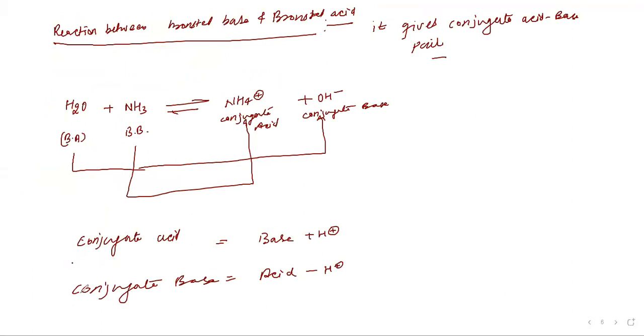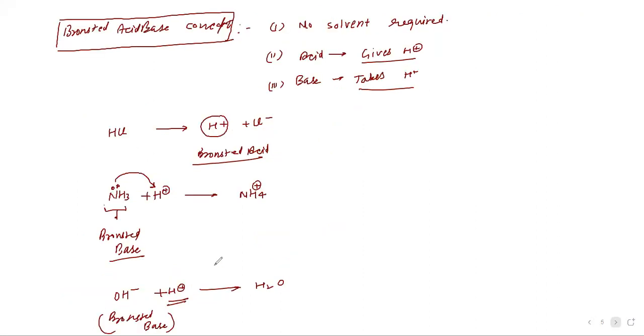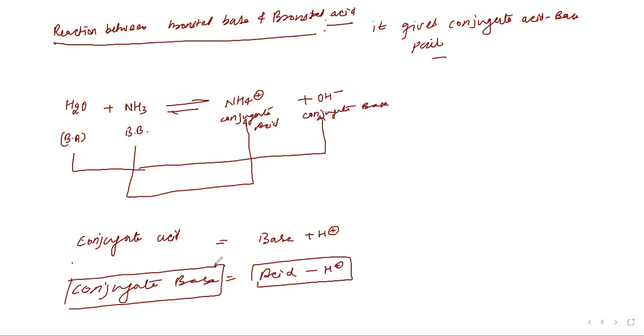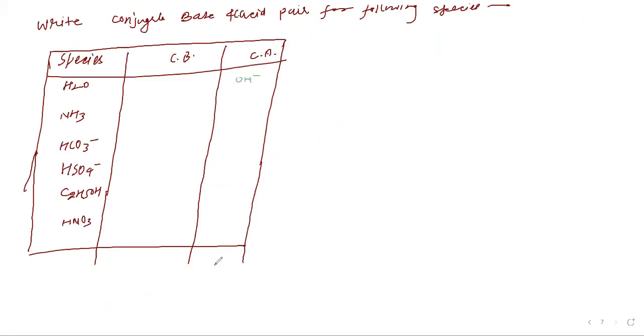If you are writing the conjugate base, it is acid minus H plus. Acid minus H plus. So are you writing correctly or what? Okay, write down.